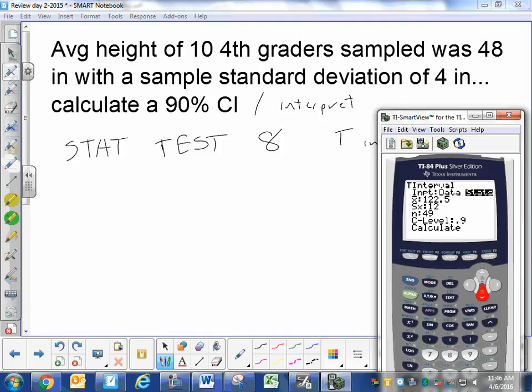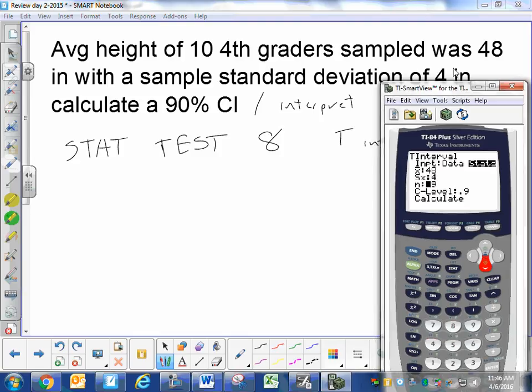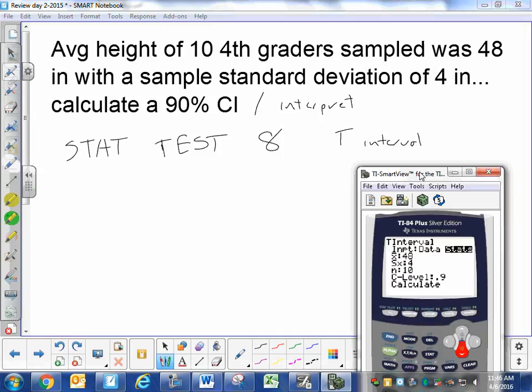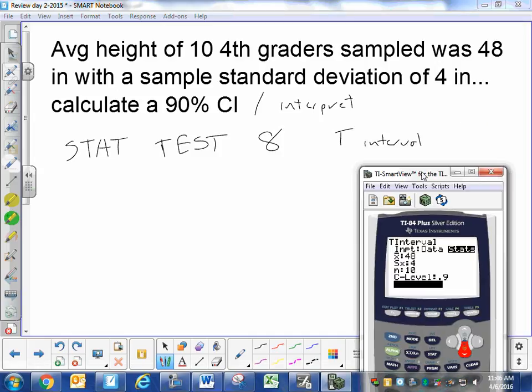We have a sample height of 48 inches, a sample standard deviation of 4, and a sample size of 10. 10 fourth graders in each group, 10 groups. We're just going to go with that. In the future, if it's not 10 and 10, it will be obvious. There's only going to be one number, and you're going to use that number.